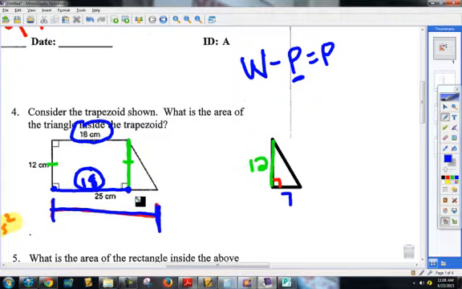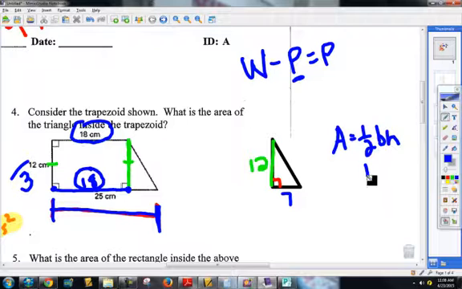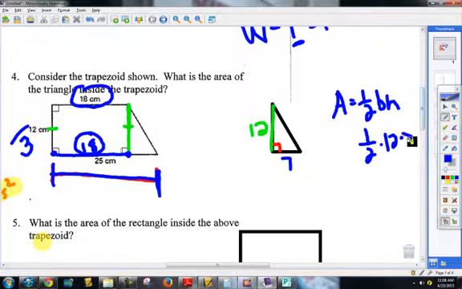Okay? So this question right here is going to be worth 3 points, obviously, because of what you guys know how to do. It's got to have your formula. 1/2 base times height. Then you go ahead and plug it in. Okay? Again, just so you guys are aware, does it really matter which one I call my base and which one I call my height?